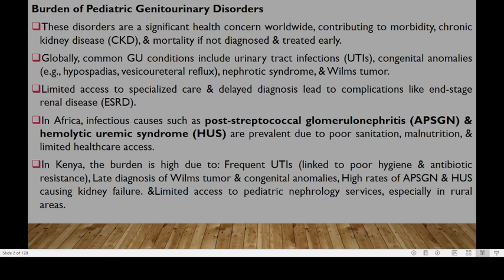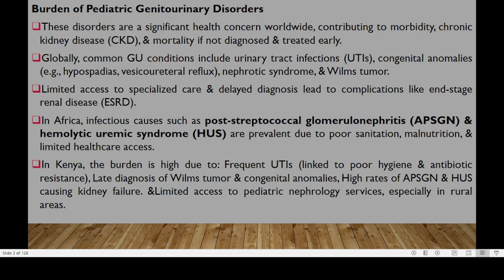When you look at the burden of pediatric genitourinary disorders, you find that these disorders are a significant health concern worldwide, contributing to morbidity and chronic kidney disease mortality if they are not diagnosed and treated early.